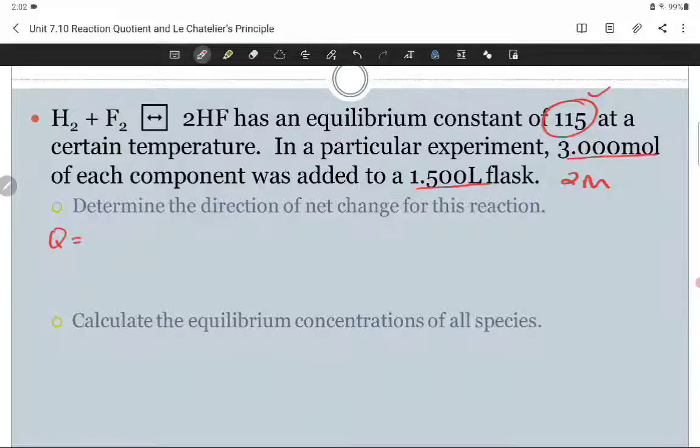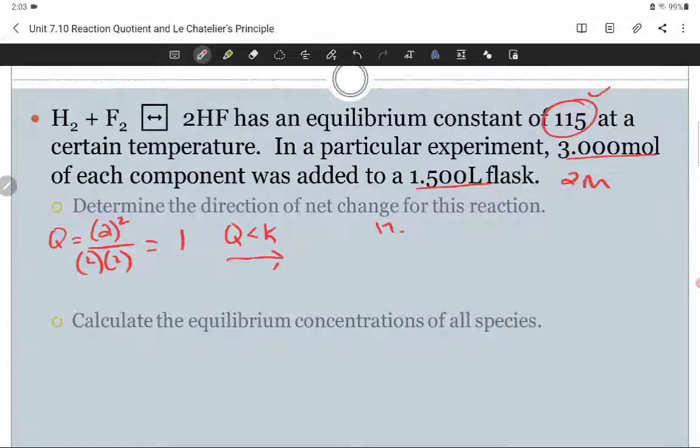So Q would be HF with an initial molarity of 2 molar, coefficient of 2, and then we have 2 molars of the other 2 items. So I think that's going to be, they're not all going to be Q equals 1, but so far that's been the case. So this time Q is much smaller than K, so to reach equilibrium it's going to have to shift from left to right.